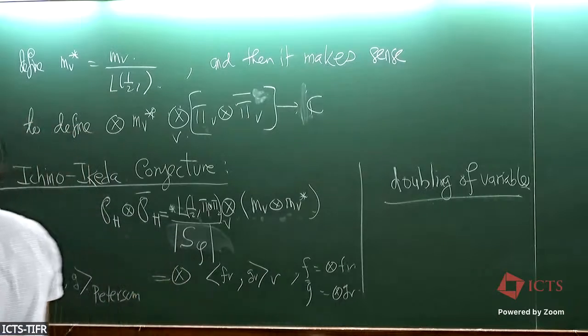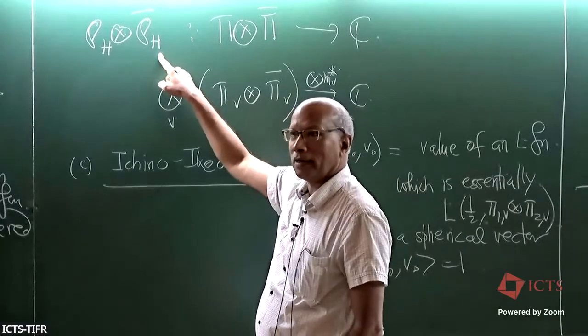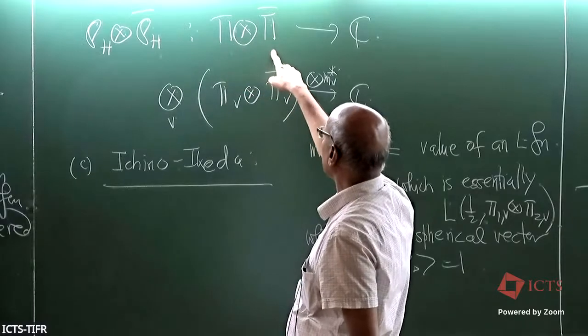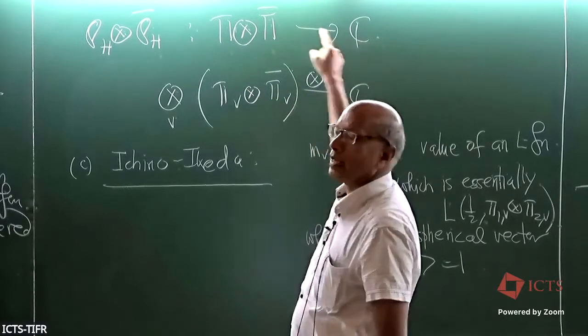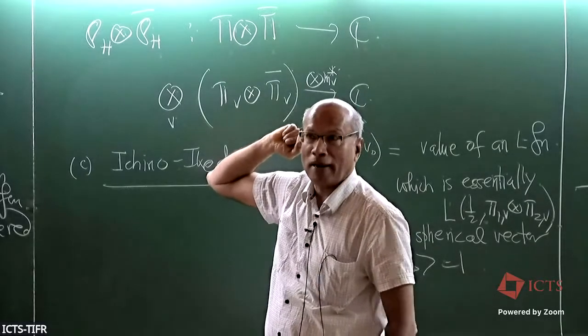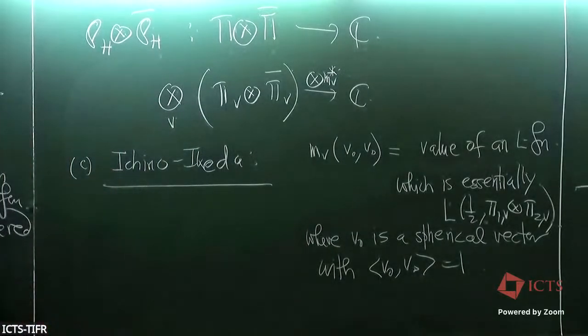Because we don't consider pH, but pH tensor pH bar, which means that on a vector like f tensor f, it goes to integral f times integral f bar. And one is saying that integral f times integral f bar is related to certain local period integrals.